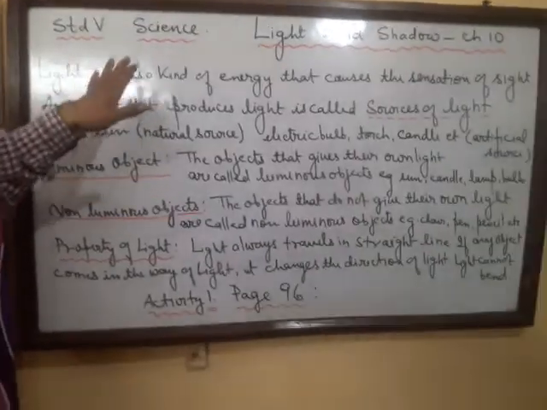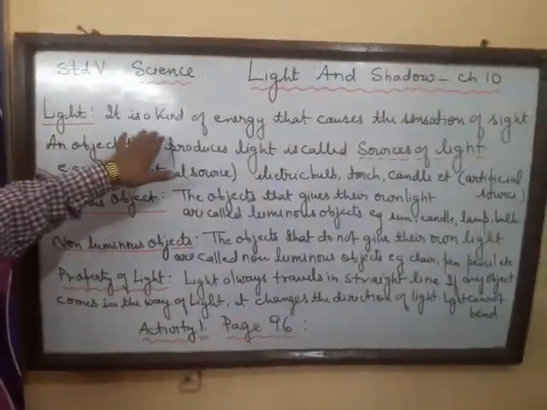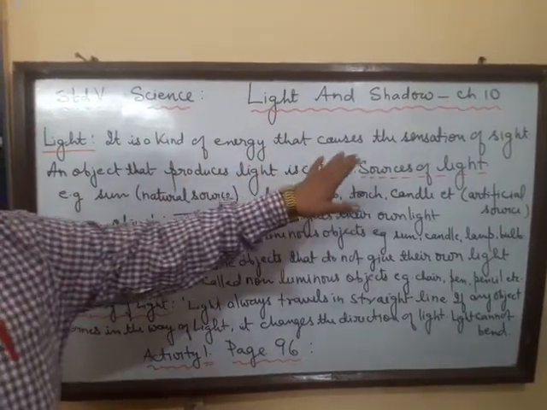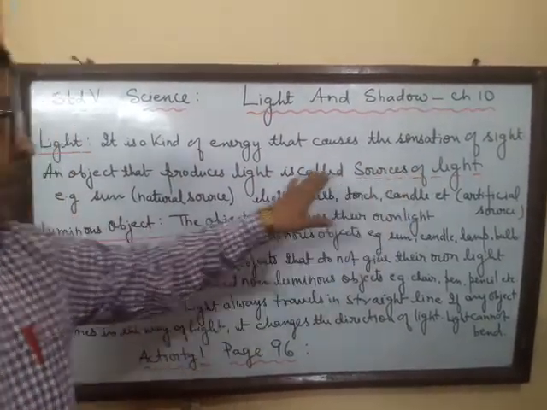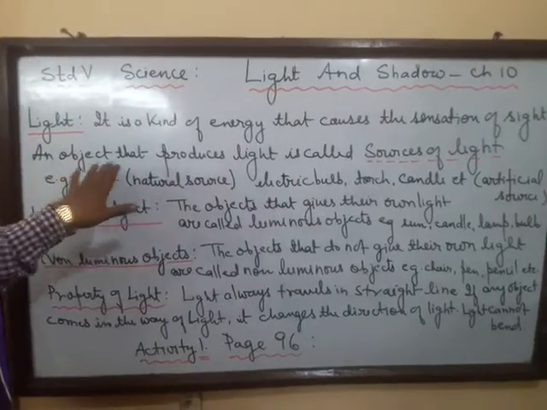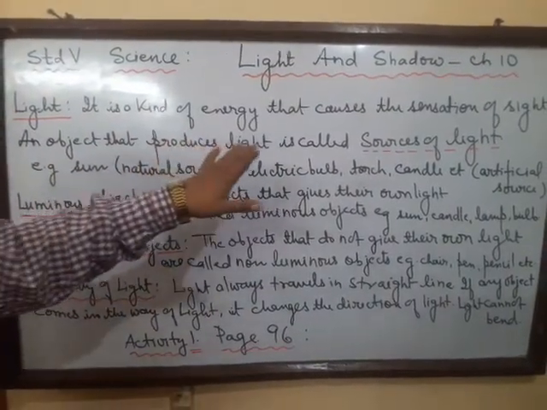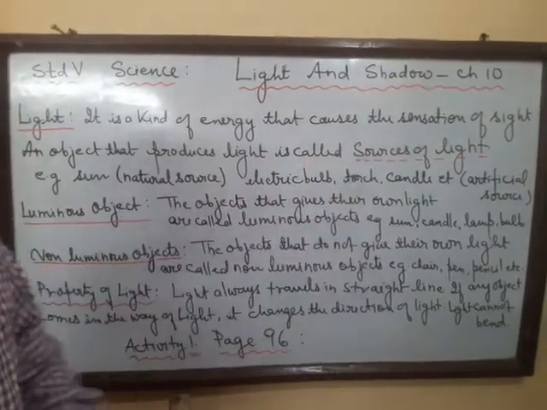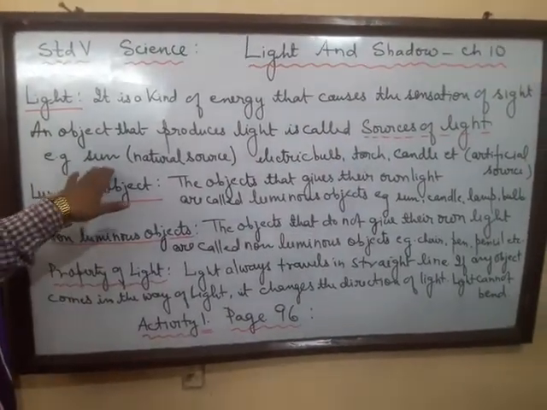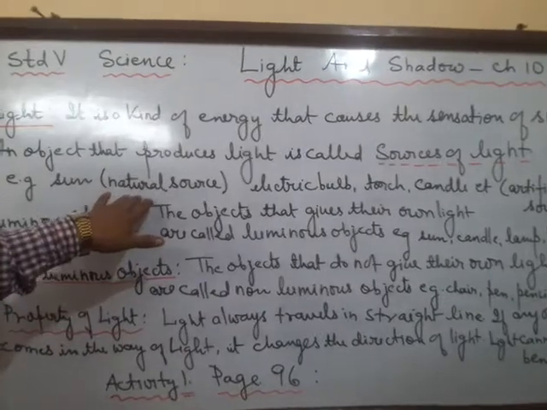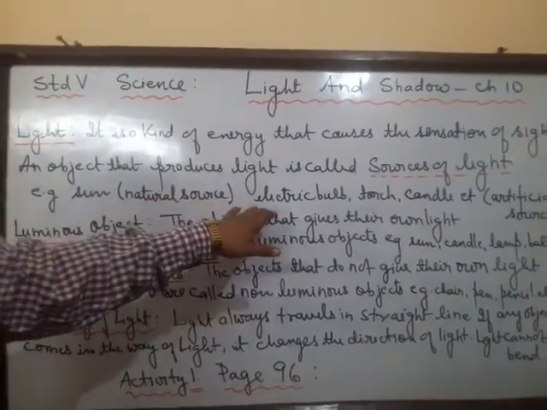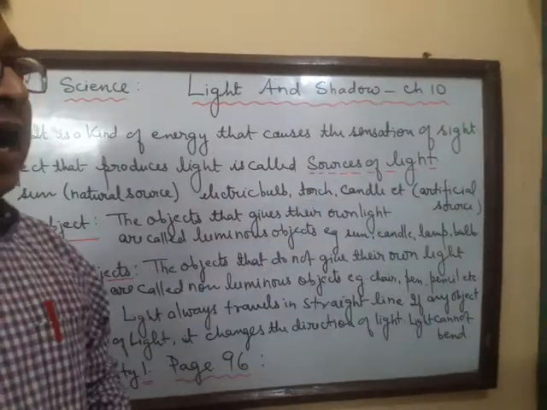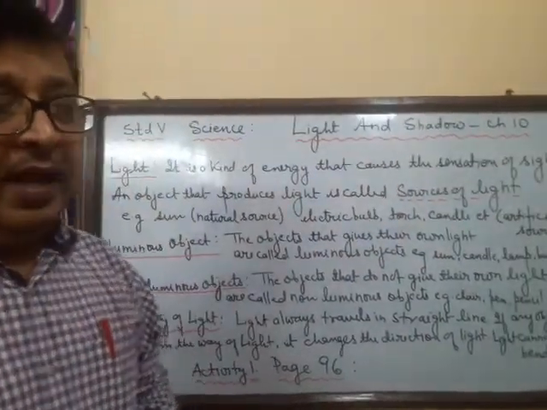Now light, it is a kind of energy that causes the sensation of sight. An object that produces light is called a source of light, or sources of light. Example, the sun, that is a natural source of light. Electric bulb, tube lights, torch, candle, these are artificial sources of light.